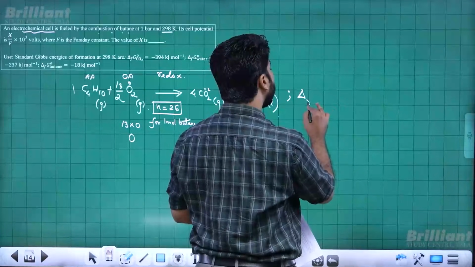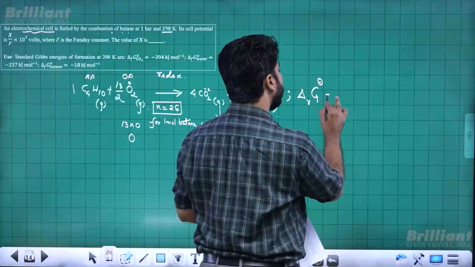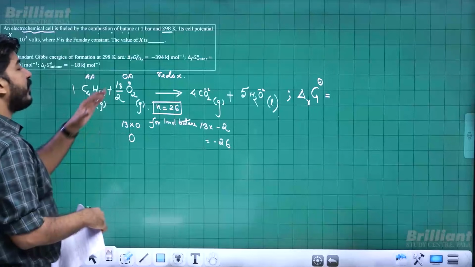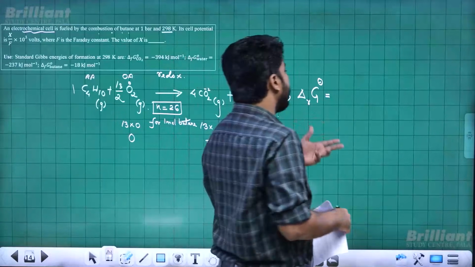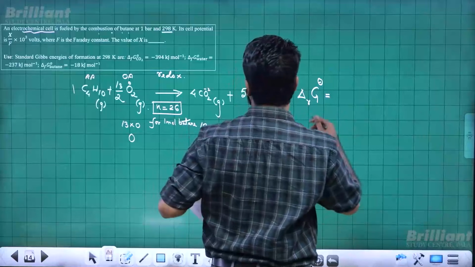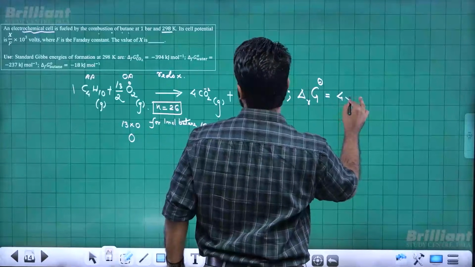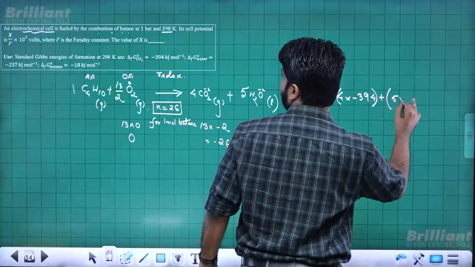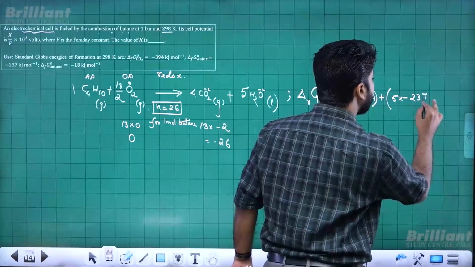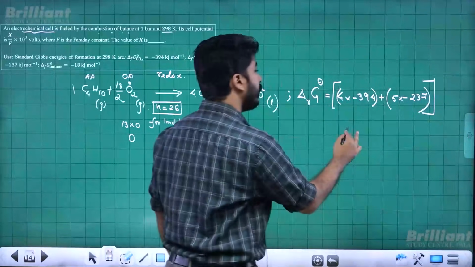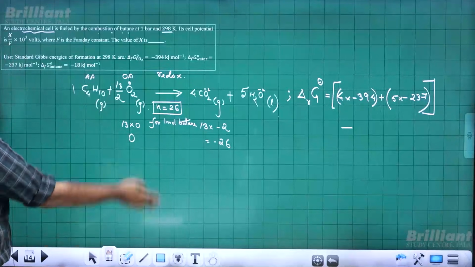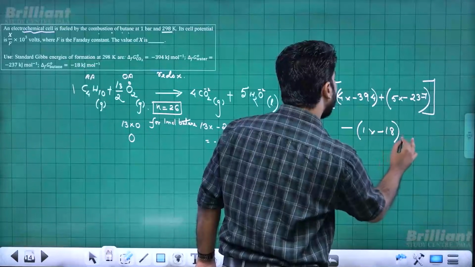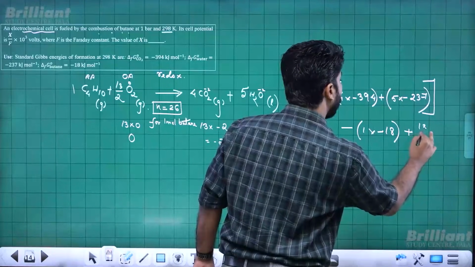Now we need to get the standard Gibbs energy change for this redox reaction. The Gibbs energy of formation of products minus the Gibbs energy of formation of reactants is the Gibbs energy of any reaction. The standard Gibbs energies of formation have been given. So 4 into -394 plus 5 into -237, this is the total for products, minus the reactants: 1 into -18 kilojoule per mole plus 13/2 into 0.